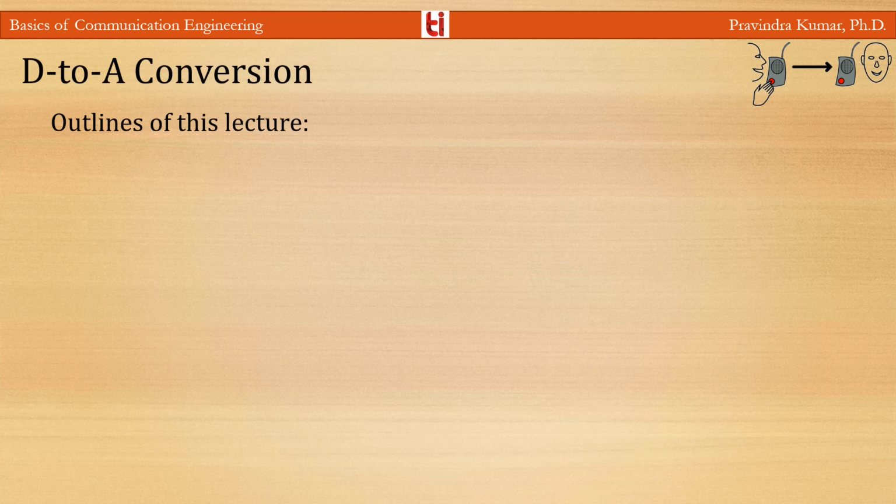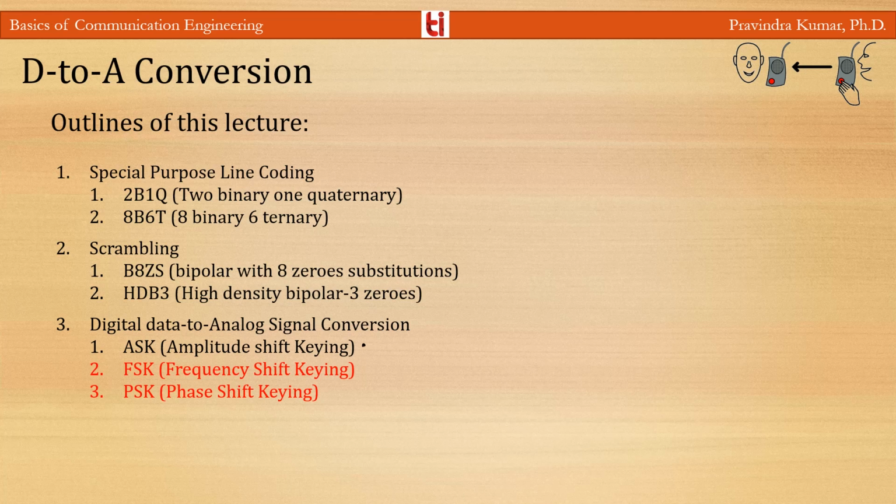The outline of this lecture: special purpose line coding, which are 2B1Q (2 binary, 1 quaternary) and 8B6T (8 binary, 6 ternary). After this, we will discuss scrambling: B8ZS, bipolar with 8 zero substitution, and HDB3, high density bipolar 3 zeros.